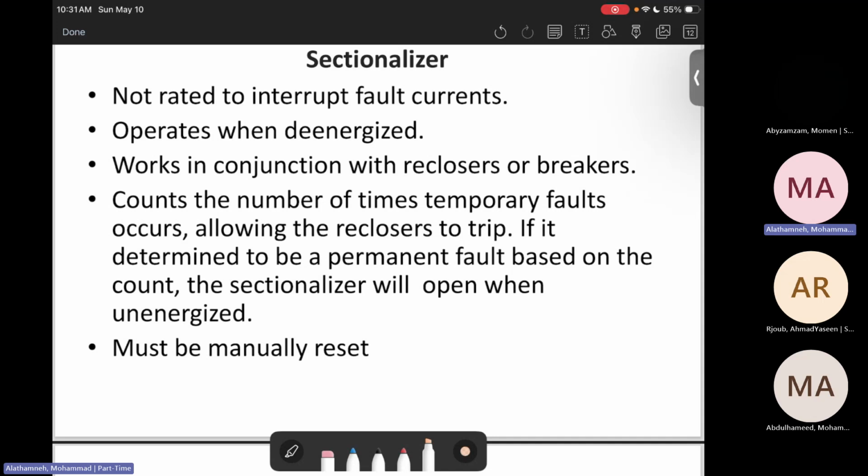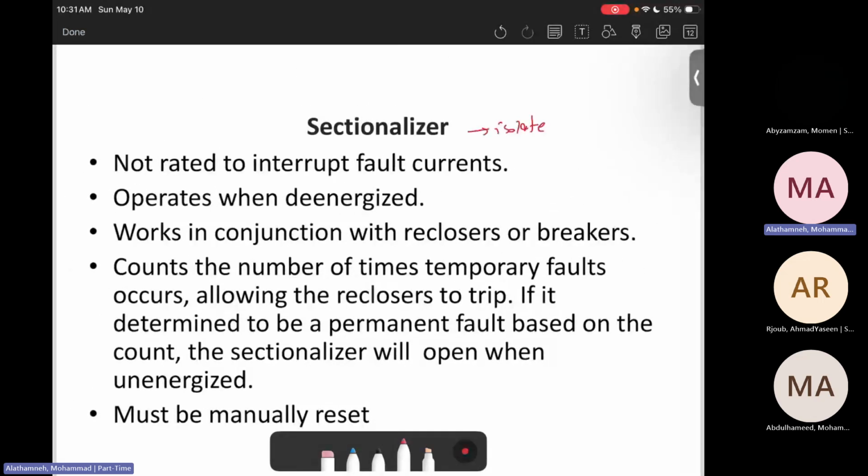Again, let me write it. Sectionalizers isolate the fault section. What does it mean?